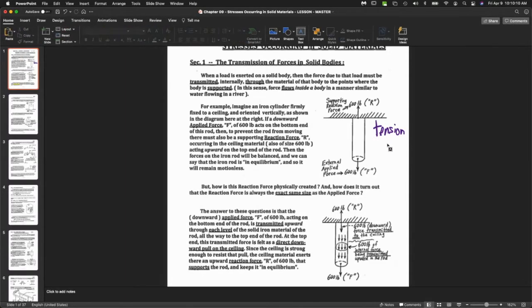So tension is a pulling on the outside. So it's a pull on the outside. Of course, my highlighting tool is not working here. So tension is a pull on the outside.